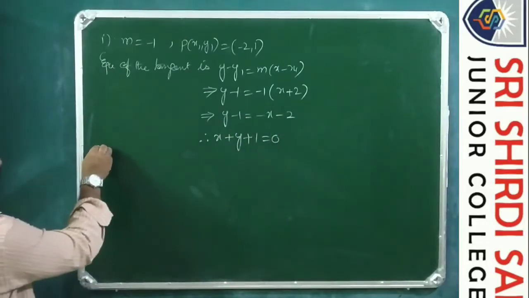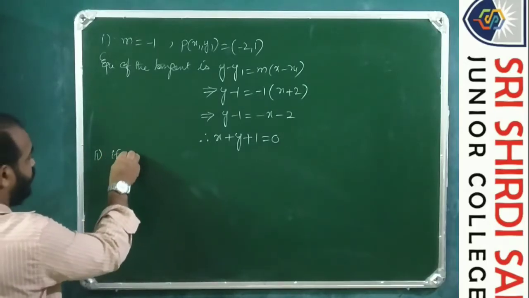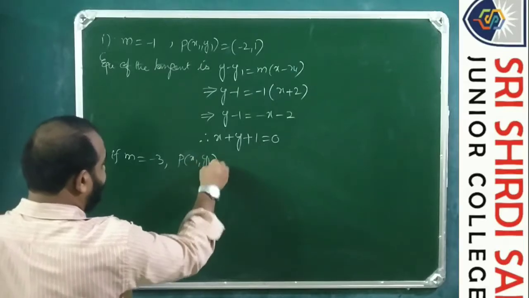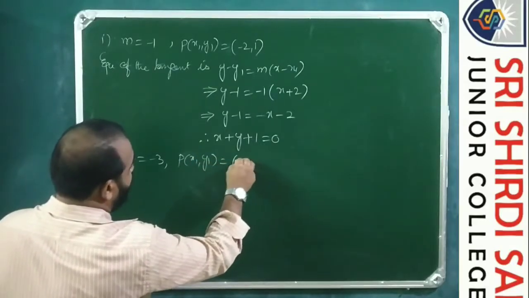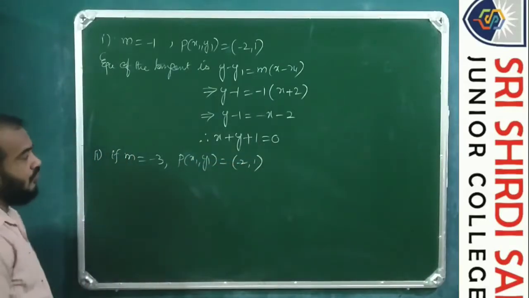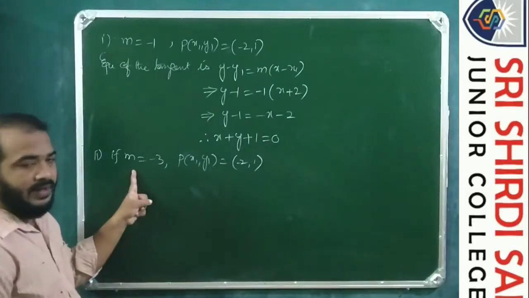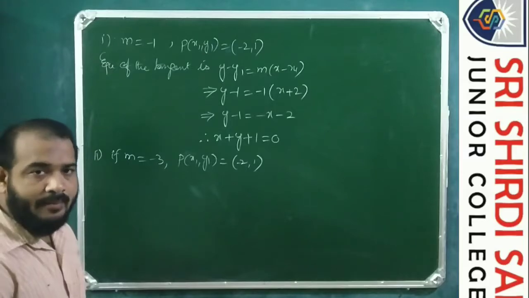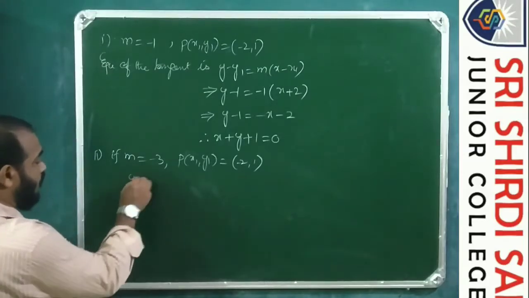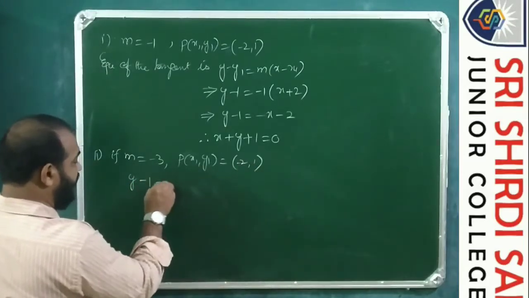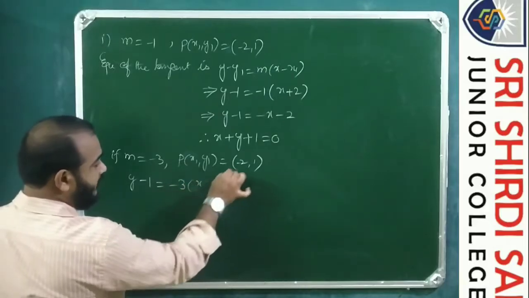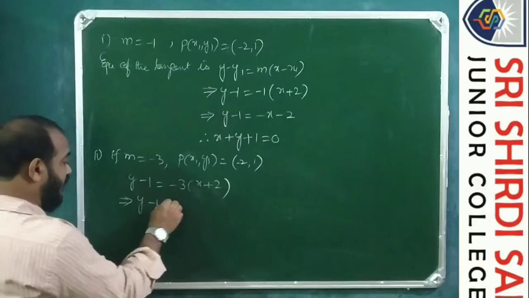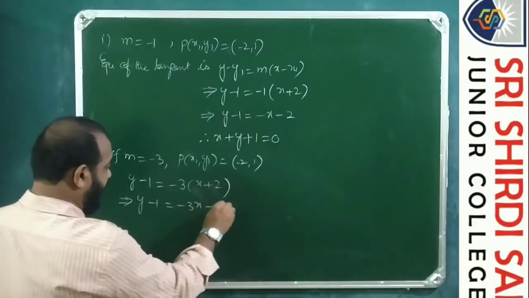And the second one is, if m = −3, P(x1, y1) is (−2, 1). The equation of the tangent having slope m and point (x1, y1) is y − y1 = m(x − x1). So y − 1 = −3(x + 2), so y − 1 = −3x − 6.